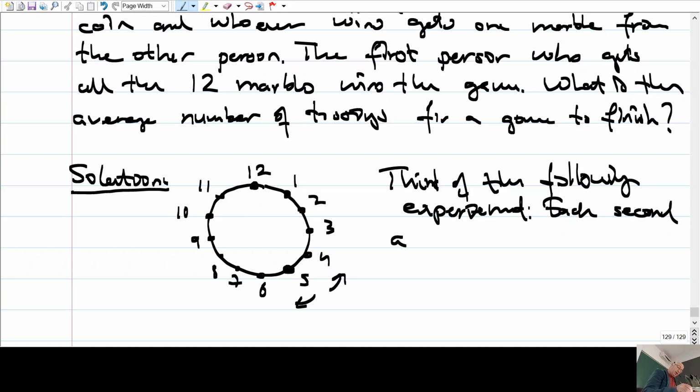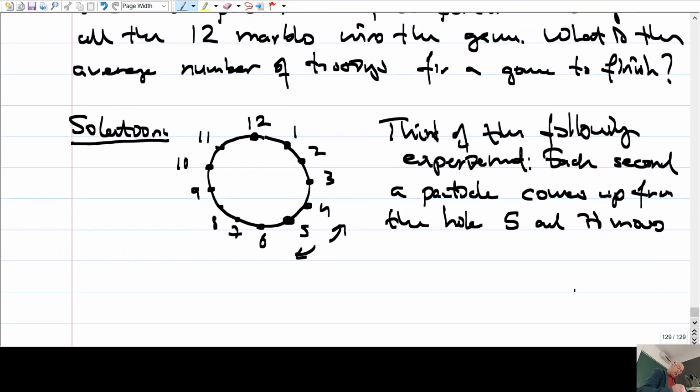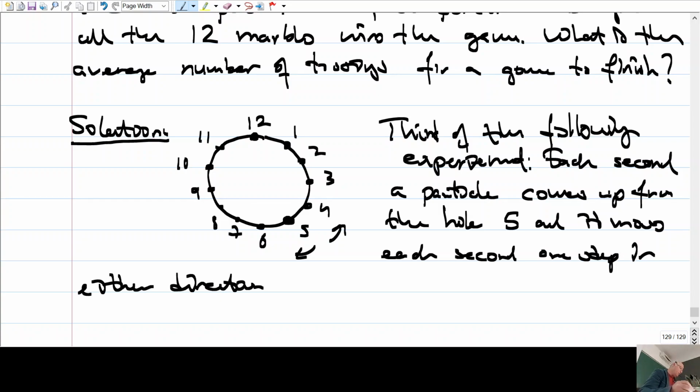Each second a particle comes up from the hole 5 and it moves each second one step in either direction with equal probability.